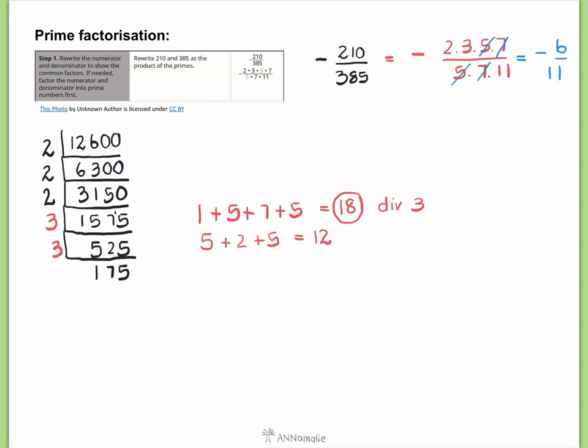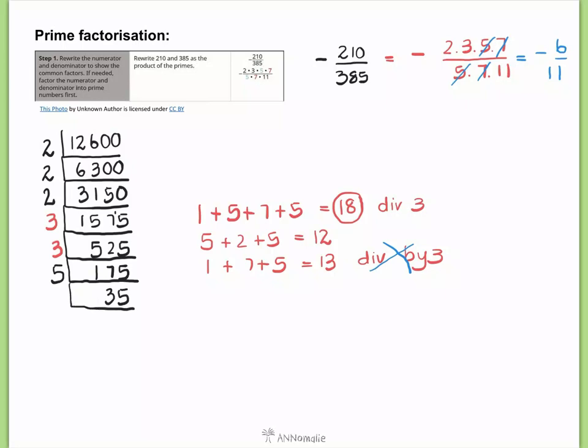Now, if I look at the sum of the digits, 1 plus 7 plus 5, that is 13. 13 is not divisible by 3. In other words, 175 is not divisible by 3. Clearly the next prime number is 5. Clearly divisible by 5, and that is 35.